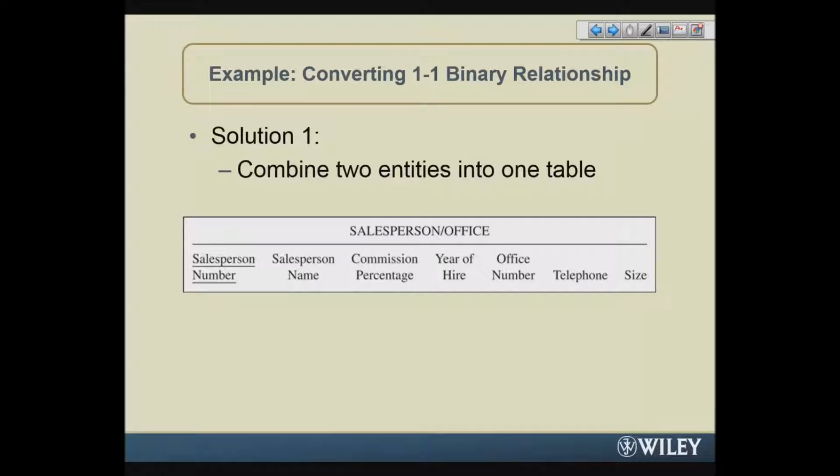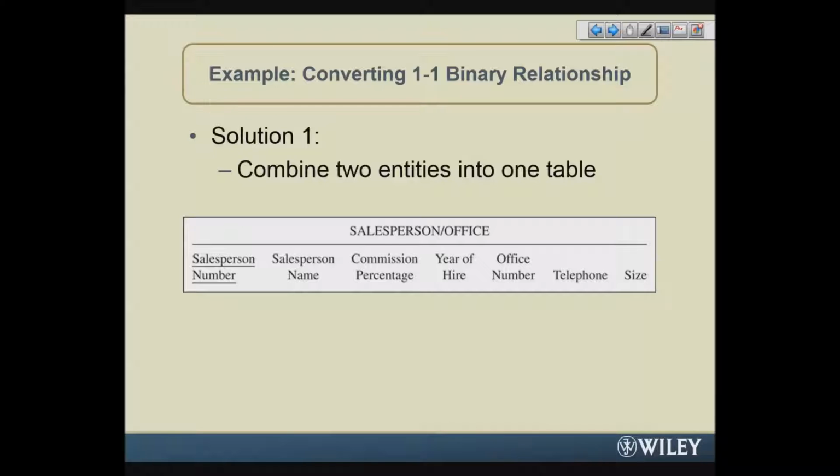And we will have field values only for office number, telephone, and size. Would that be a waste to have empty cells or null values? Yeah, that's a waste. We don't want that.